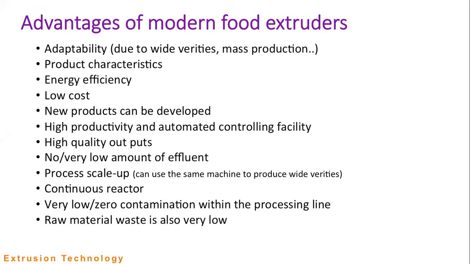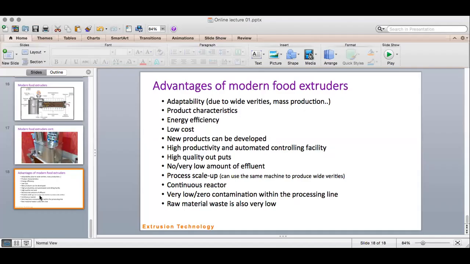So the highest problem is contamination, especially for dairy, fish and meat industries. Contamination is a critical issue, but here contamination is very low, and raw material wastage is low because, as we discussed, the effluent is very low. So as a result of that, waste is again very low. So I think now you can understand why it is important.